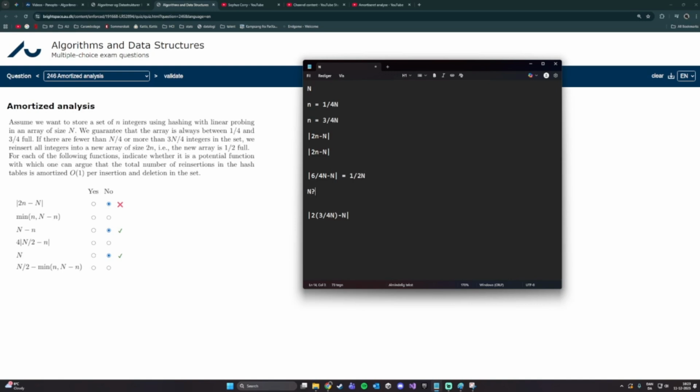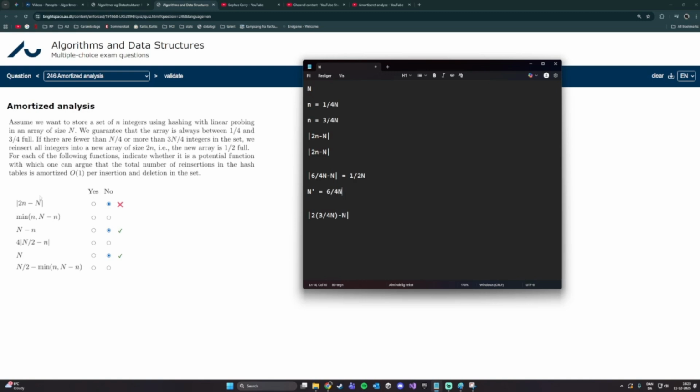And now after the expensive operation, we have this new n prime, which is twice of n, which is the same as saying 6/4 n.